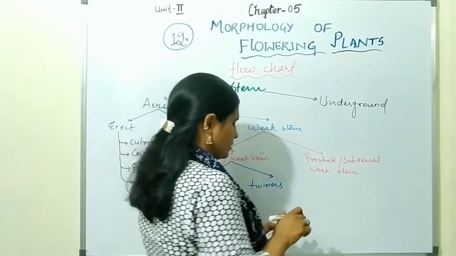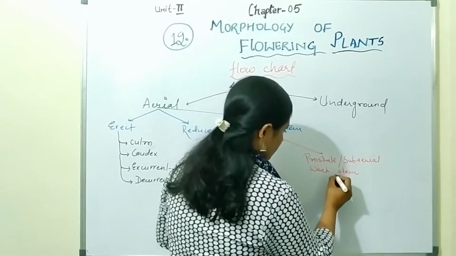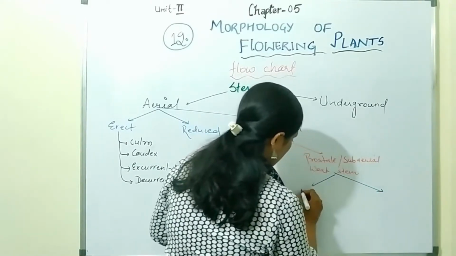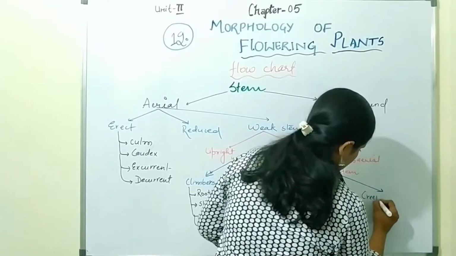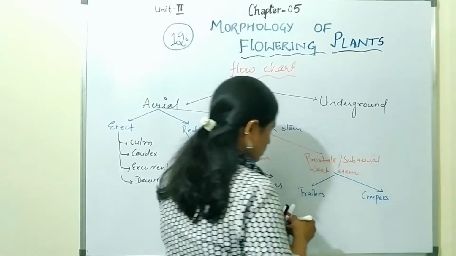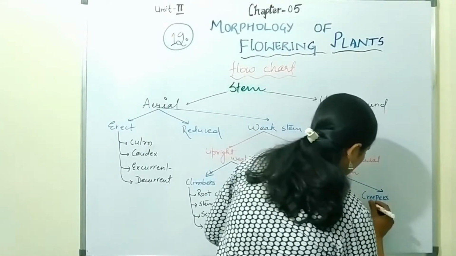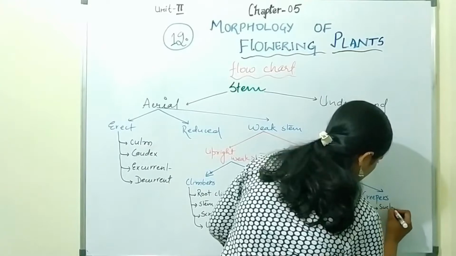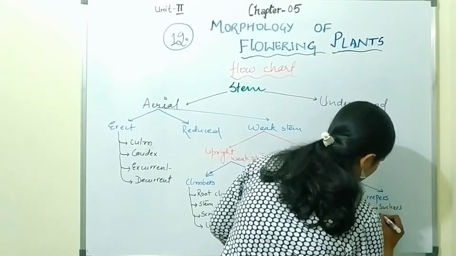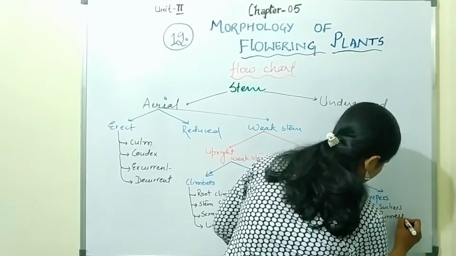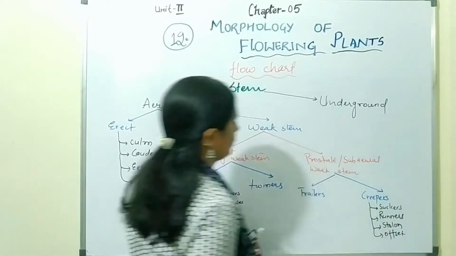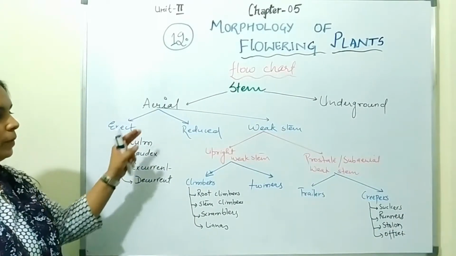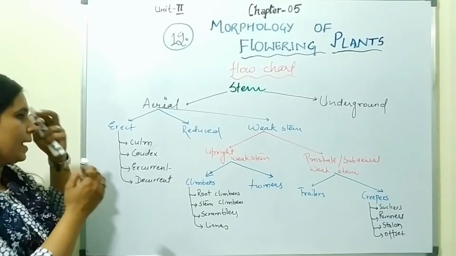Then in prostrate stem, there are two types: trailers and creepers. In trailers, we have discussed about suckers, runners, stolon and offset. So this is the simple division for aerial stem.